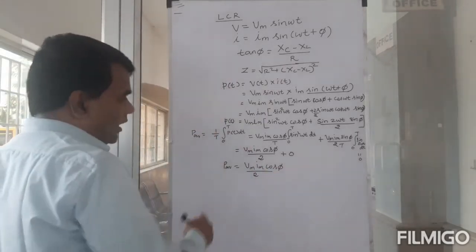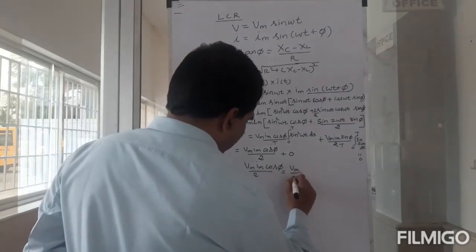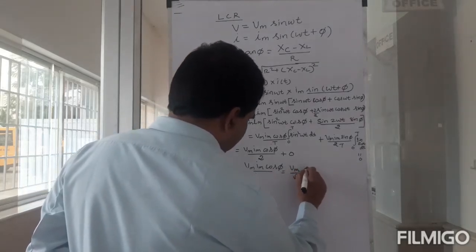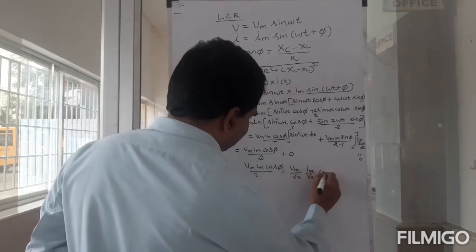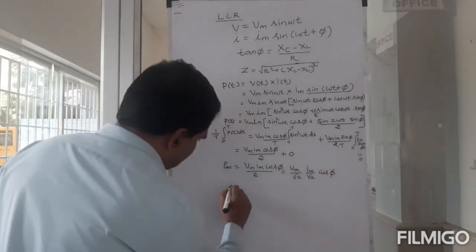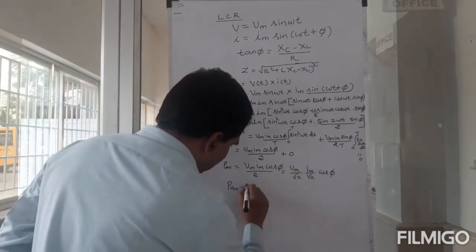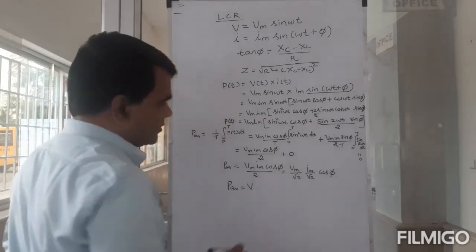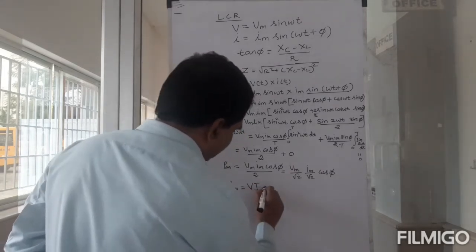Or I can do it this way: Vm by root 2 into Im by root 2 into cos phi. So average power is equal to Vm by root 2, that's V RMS, times Im by root 2, that's I RMS, times cos phi.